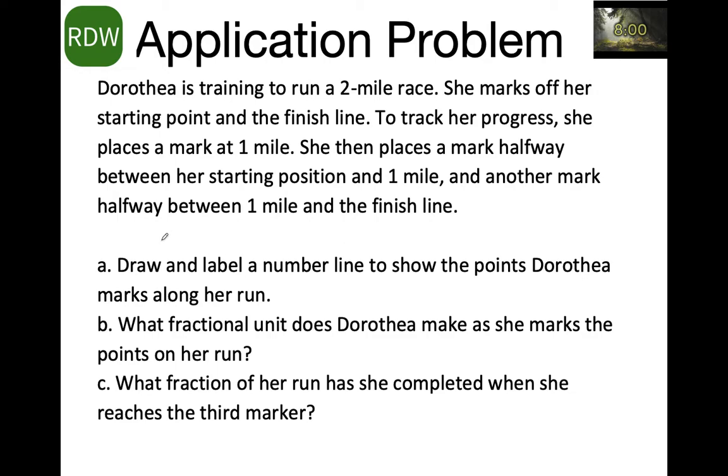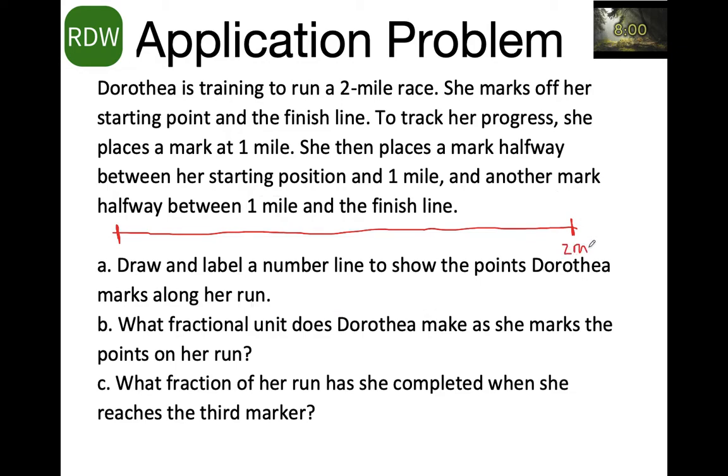So I am going to go ahead and get started by drawing and labeling a number line. We are going to be drawing a few number lines today, so you can go ahead and just practice drawing your number lines. We know that she starts right here, and then she's going to end all the way at the end at her 2-mile mark.